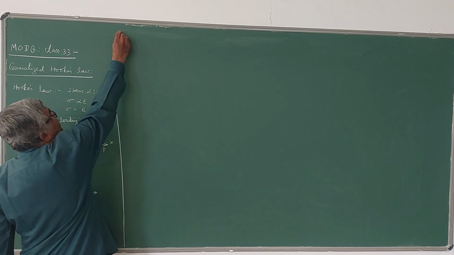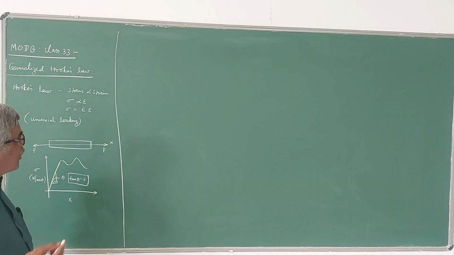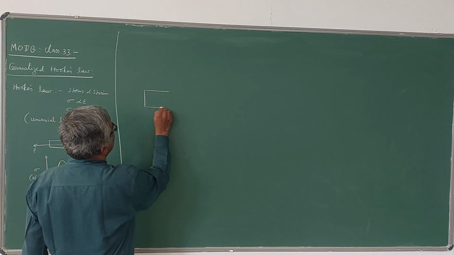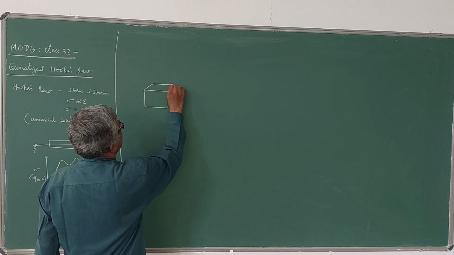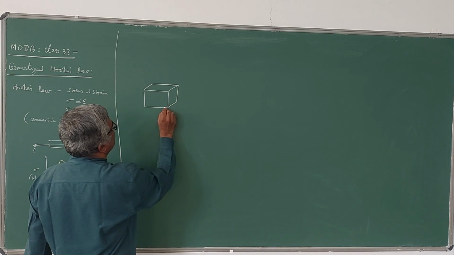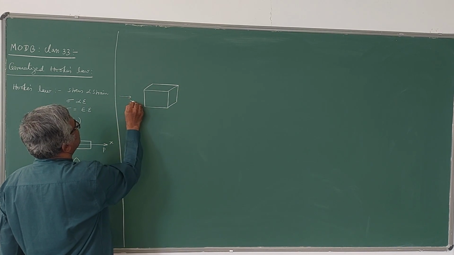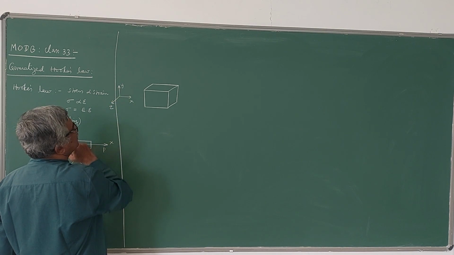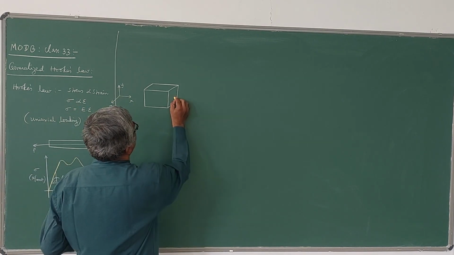Now suppose, on similar lines, the material is subjected to a triaxial stress system. Triaxial stress means it is subjected to stress in all the three directions, x, y, z directions. So it will be something like this.